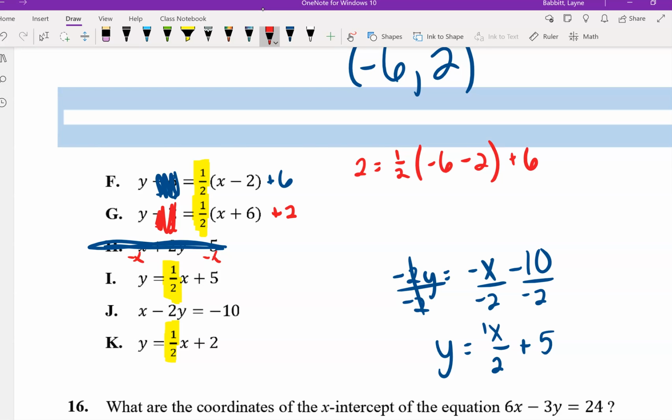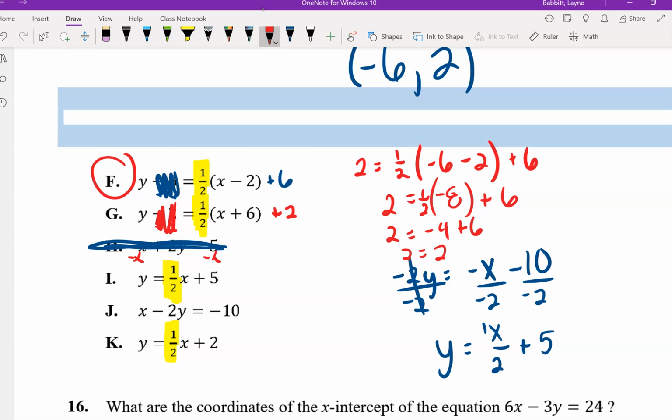Negative 6 minus 2 is negative 8. 1/2 plus 6. Half of negative 8 is negative 4. And then negative 4 plus 6 is 2. So 2 equals 2. That does contain the point that we want.